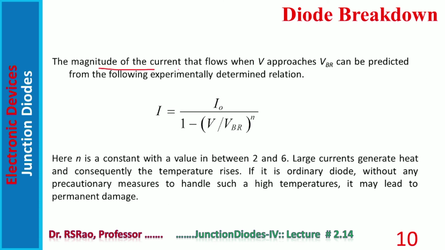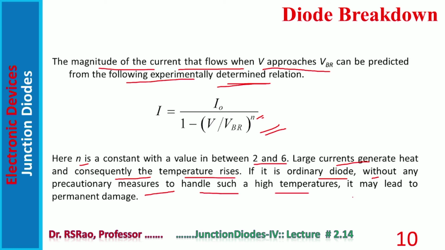The magnitude of the current that flows when V approaches VBR can be predicted from the following experimentally determined relation: I equals I naught by 1 minus V by VBR, to the power n. n is a constant. Its value is between 2 and 6. Large currents generate heat and consequently temperature rises. If it is an ordinary diode without any precautionary measures to handle such high temperatures, permanent damage can happen.